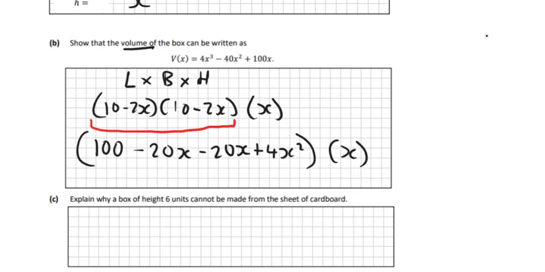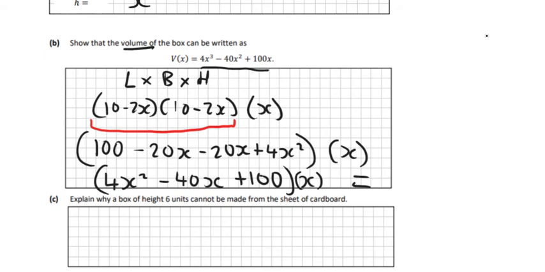If I tidy this up a little bit inside the bracket, we'll have 4x squared minus 40x plus 100, and it's starting to look like what it says above in the question, and all that has to be multiplied by x. If you multiply each of those by x, you'll get what this is up here.